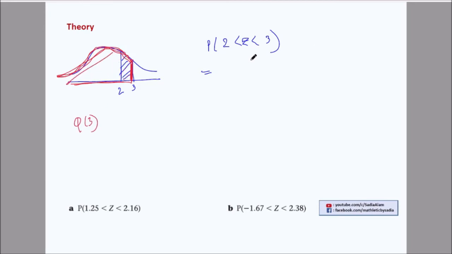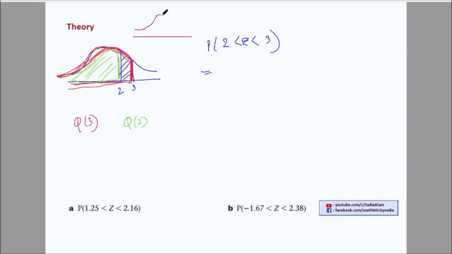And if you find less than 2, you will get this green portion, right? Phi of 3 is the total area, the red portion. If you deduct the green portion from the red, you will get the in-between area.